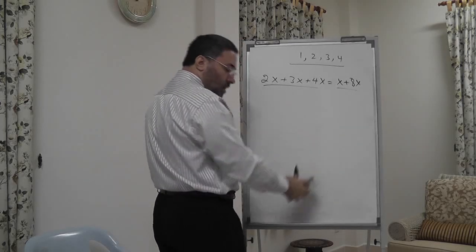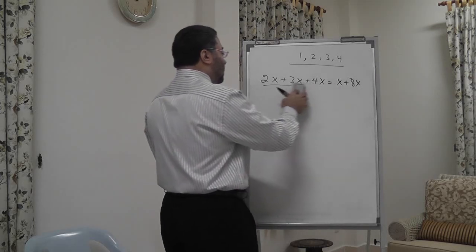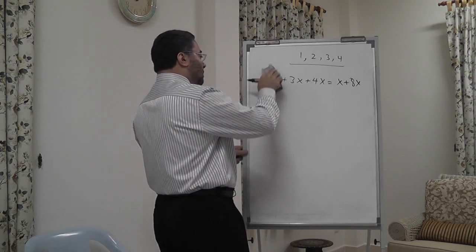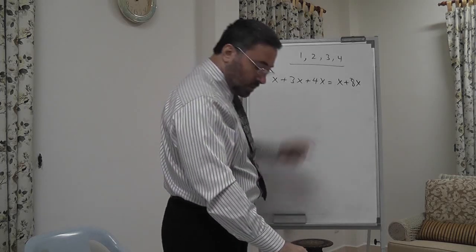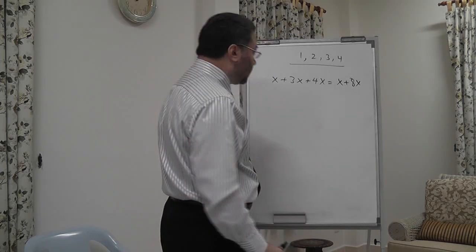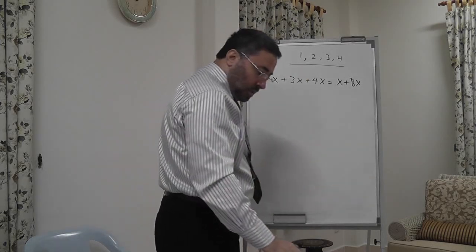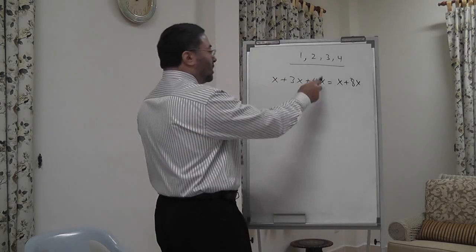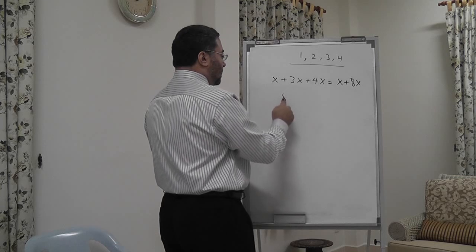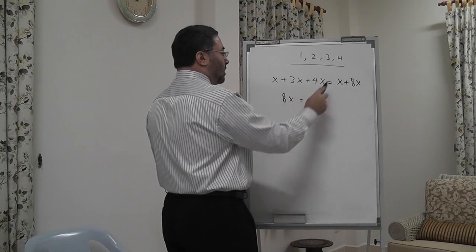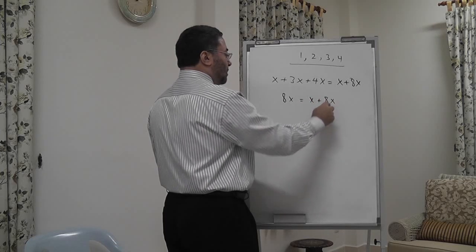Now number 43 is slightly different. Here, instead of having 2x, we have x plus 3x plus 4x is equal to x plus 8x. And we are given this replacement set. This cannot be true for any number because you can see right away that we have 8x on one side and on the other side we have x plus 8x.